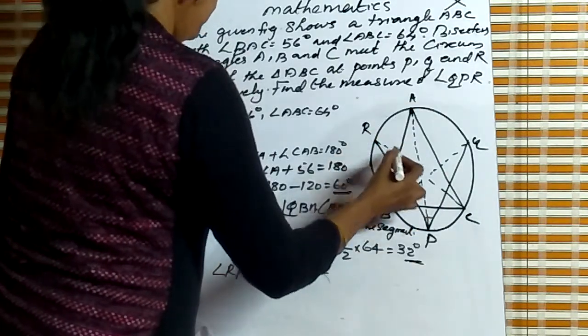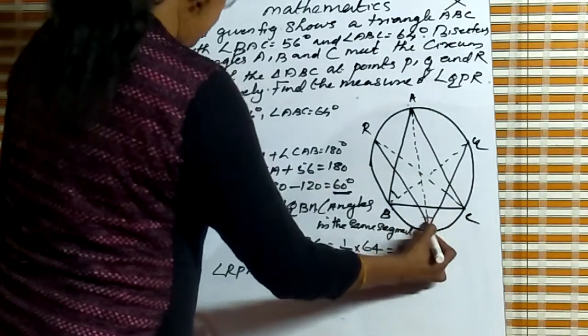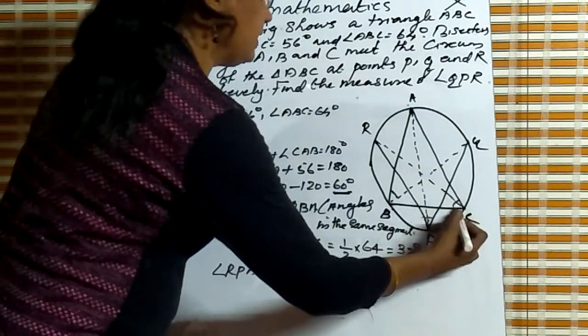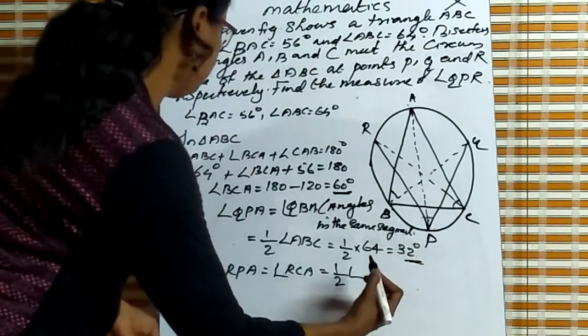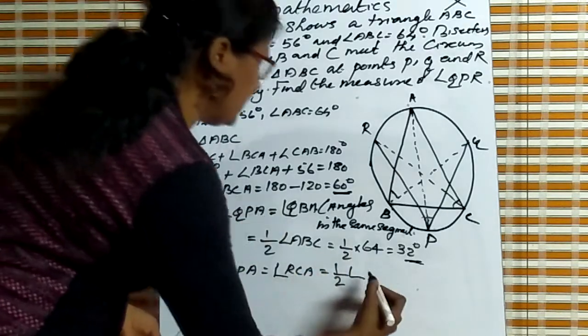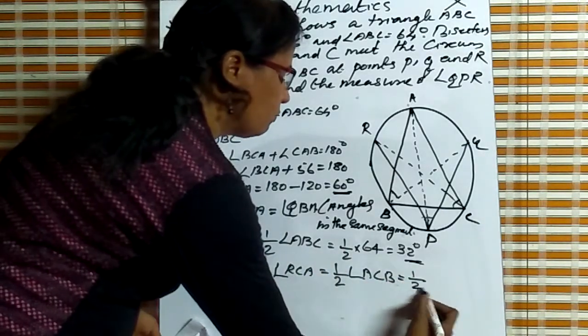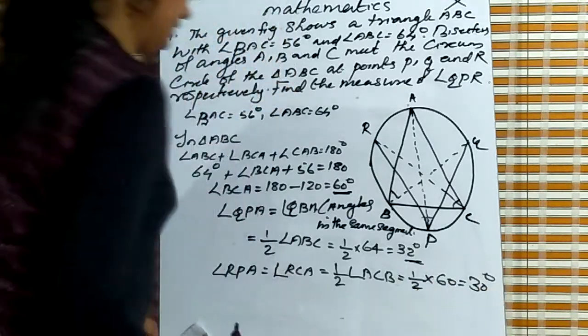They are half of angle ACB. Half of angle ACB, or BCA, is equal to half of 60, which equals 30 degree.